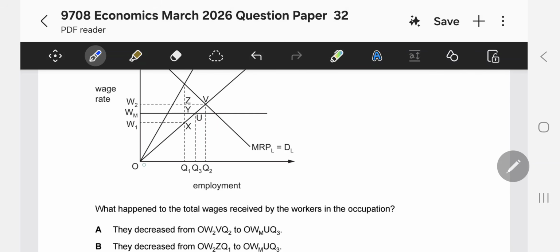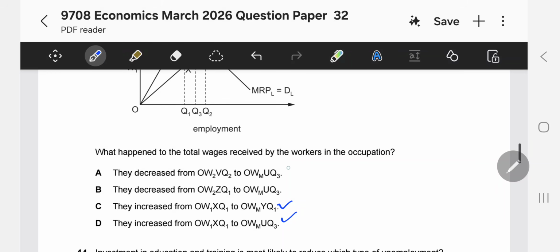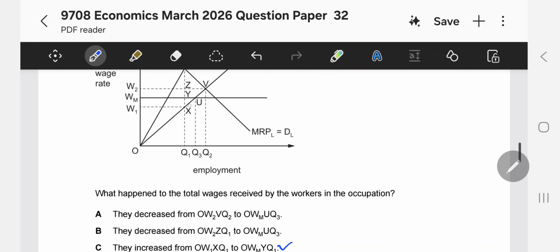So the area is going to increase to OWMUQ3. So I think the correct answer here will be D, because once the minimum wage is pushed up there, they start earning that salary there.